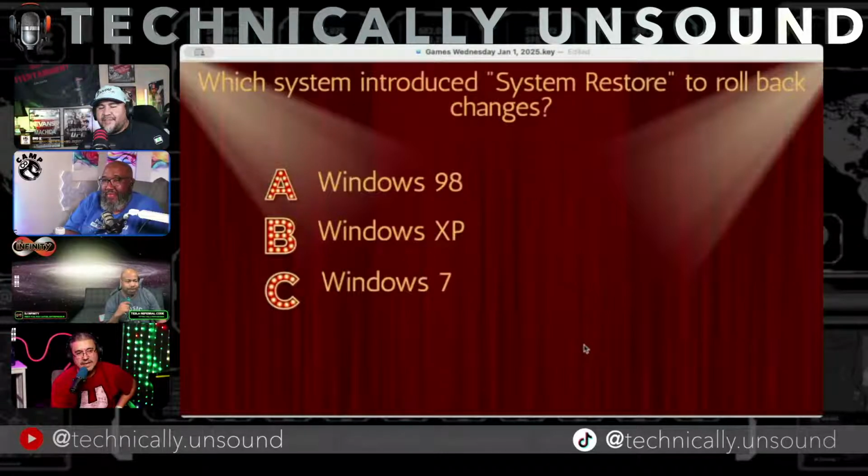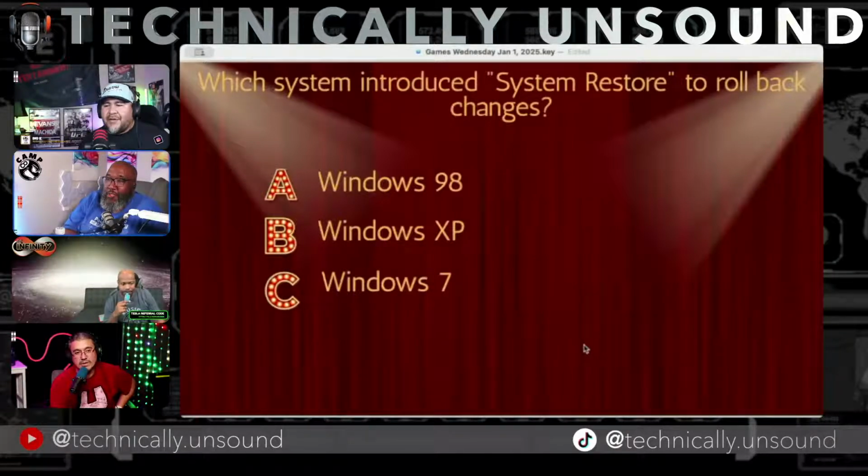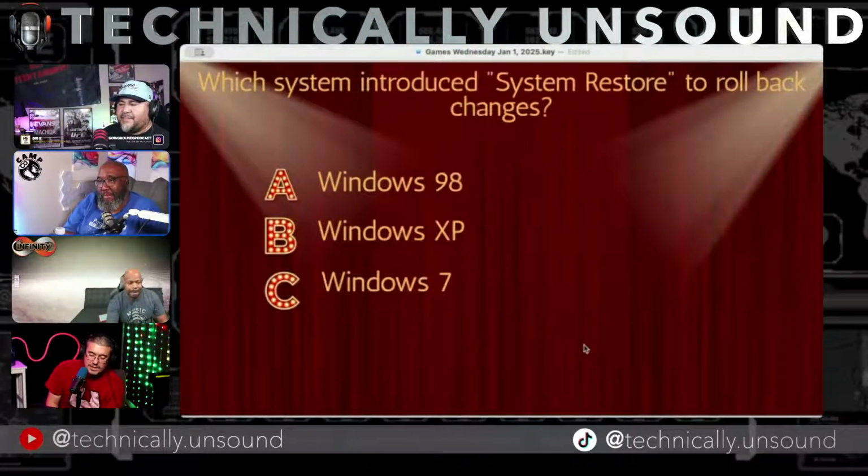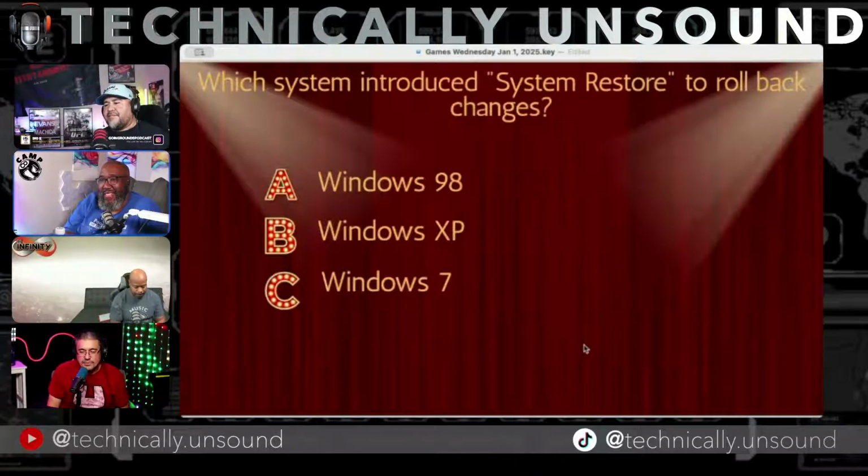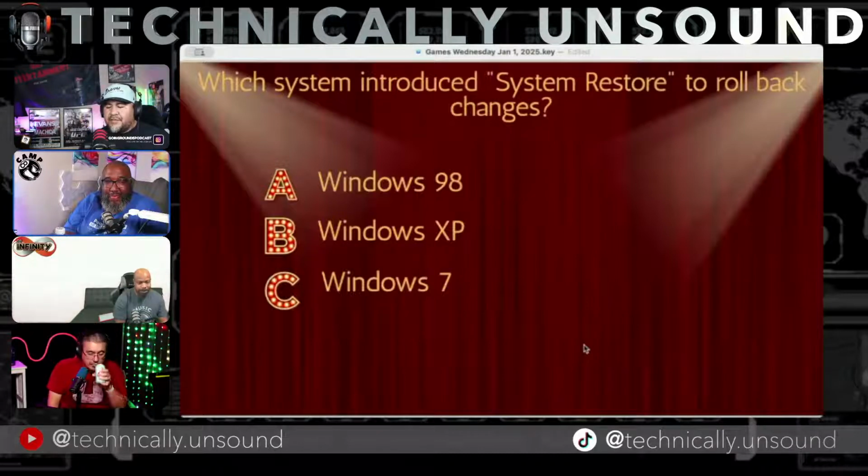System Restore. Yeah, XP was amazing, Joey. I want to say C. Oh, System Restore. Wait, where is it? How come there's no A? Windows ME questions in here? Because it was crap. Windows ME was so unpopular. I don't think it came pre-installed on anything you ever bought. Most people uninstalled it.